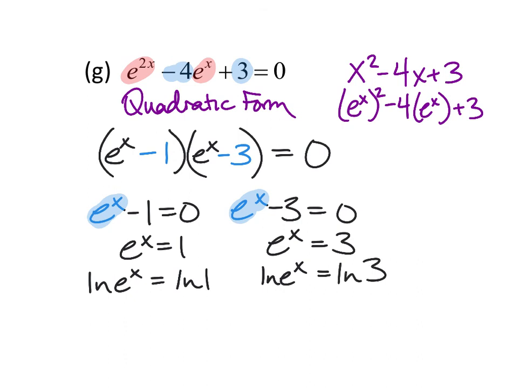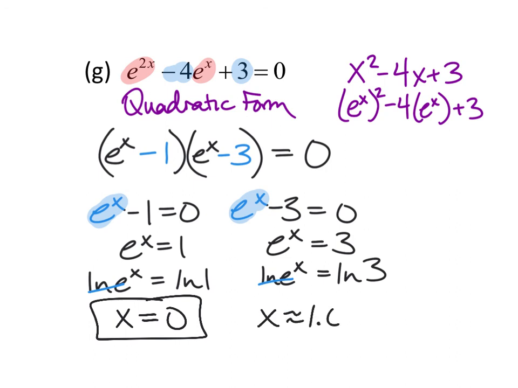And the identity property on both of them, we'd get that x is exactly 0, because natural log of 1 is 0, and that x is approximately 1.099. I have two values for x. I can check both of them in the original equation, store both values. I mean, you don't have to store 0. It's just 0. And make sure that the quadratic form of this exponential equation does come out to 0.